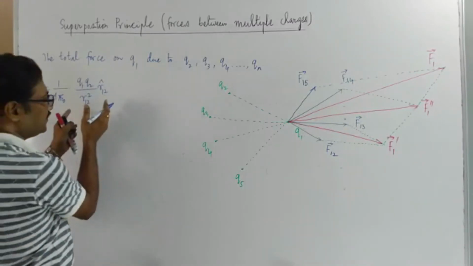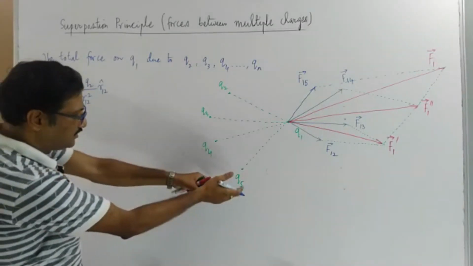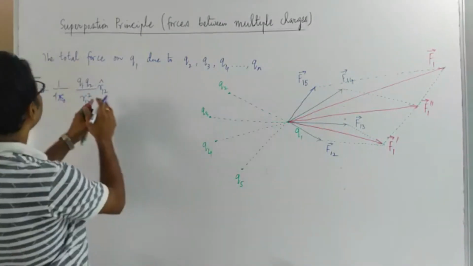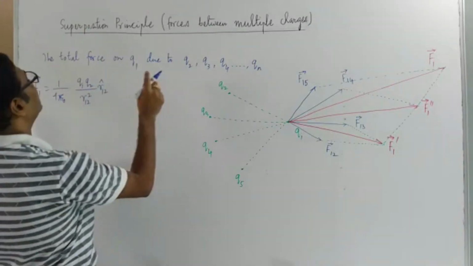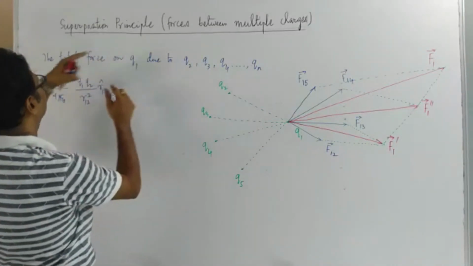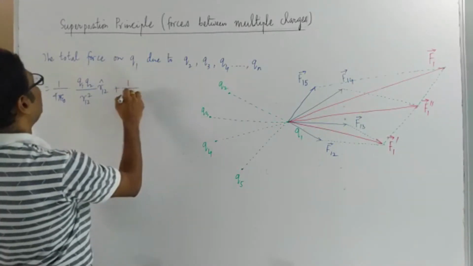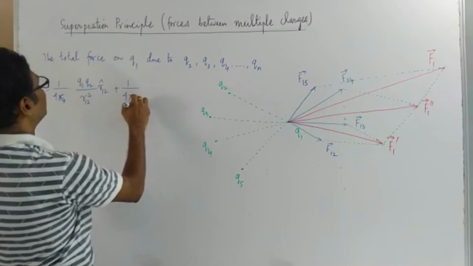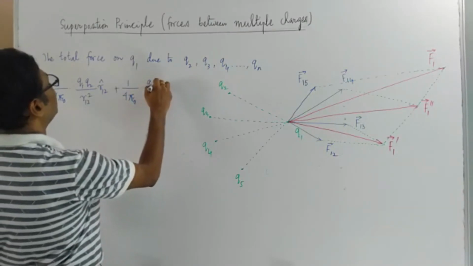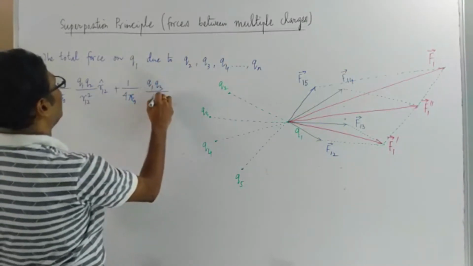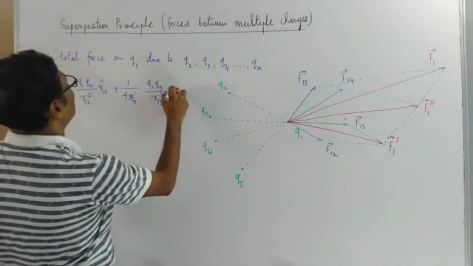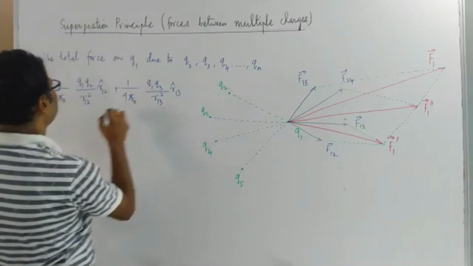Just recap what we have done in the previous diagram. Then when I am considering this and this, then force on Q1 due to Q3 will be 1 by 4 pi epsilon 0 Q1 Q3 by R13 square R13 cap.